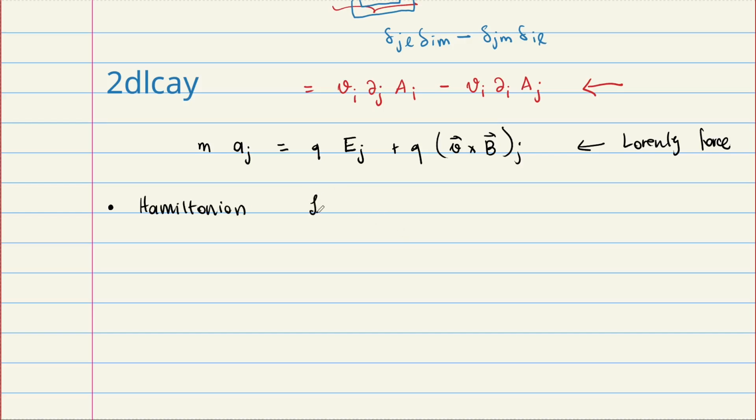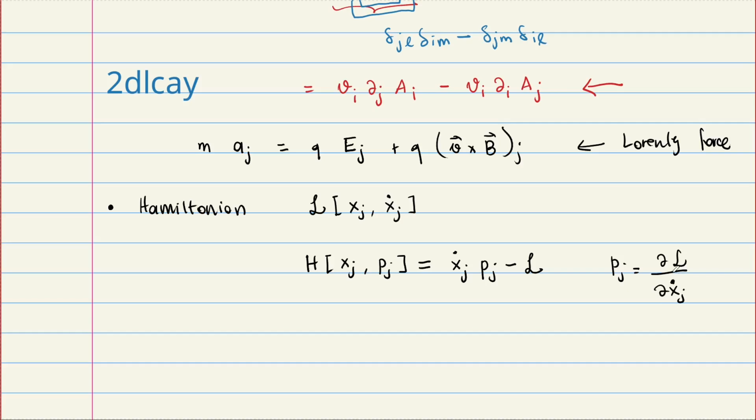And the idea is, the Lagrangian is a function of xj and the time derivative of xj, and the Hamiltonian is the so-called Legendre transformation of the Lagrangian. The Hamiltonian is going to be a function of xj and pj, which is equal to xj dot pj minus L, and this pj is defined as pj equals del Lagrangian del xj dot.